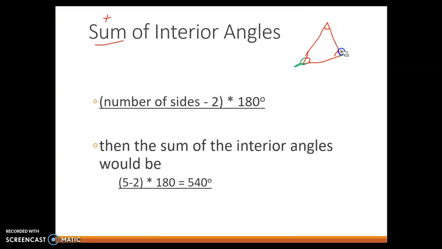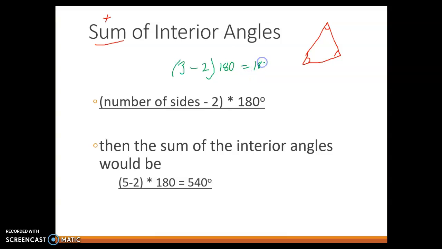Right? And to find the sum of the interior angles of any polygon, which is what we're working on, we take the number of sides minus 2, and we multiply that by 180. If we had a triangle, for example, we would take the number of sides, 3, minus 2, and multiply that by 180. And 3 minus 2 is 1. 1 times 180 is 180.